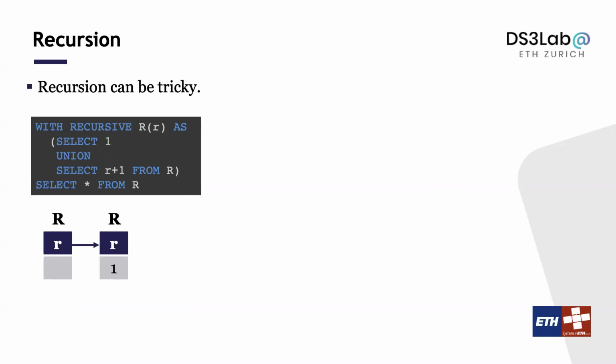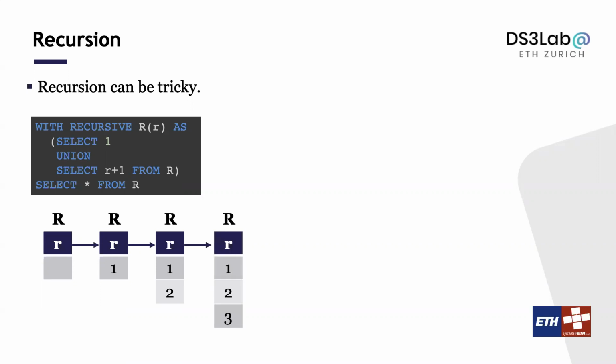I'm going to take the second R as input and run it. The first half of the query is going to give you one tuple, that is 1. The second half is going to give you one tuple, which is 2. Essentially, it takes as input the R with a single tuple 1 and increases that by one, which gives you 2. So the third step is going to give a relation with two tuples, 1 and 2.